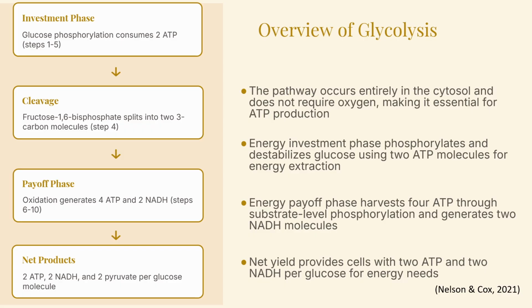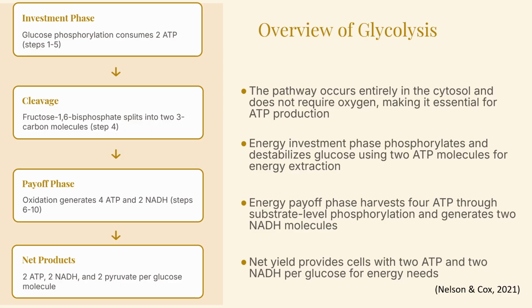During this phase, 4 ATP molecules are generated through a mechanism known as substrate-level phosphorylation. In addition, 2 molecules of NAD+ are reduced to NADH, which can later contribute to further energy production in the electron transport chain when oxygen is available.